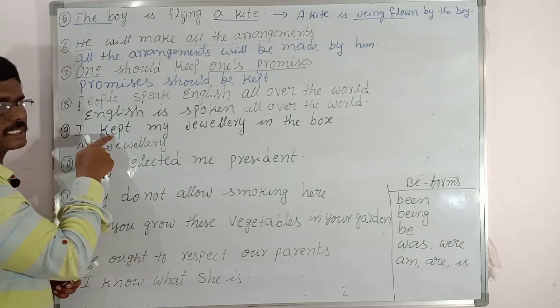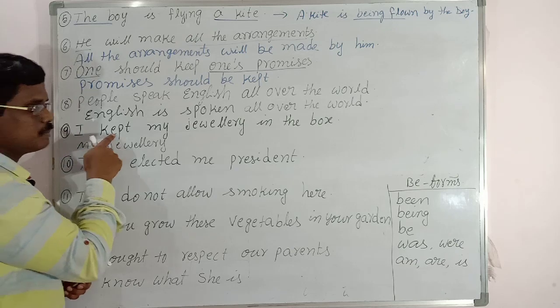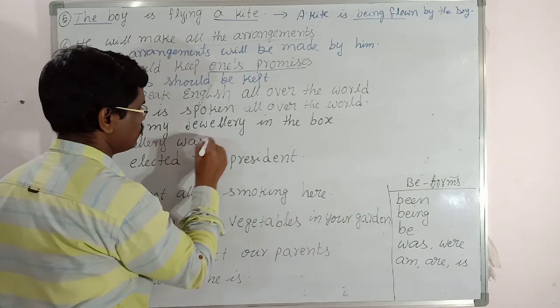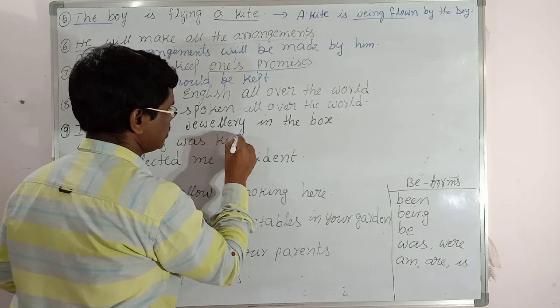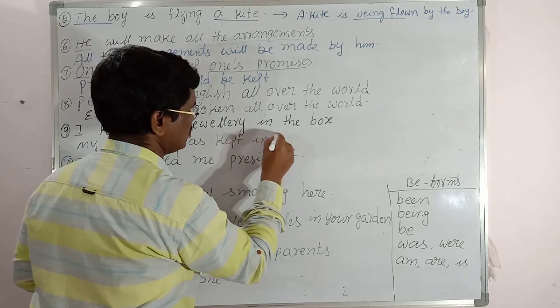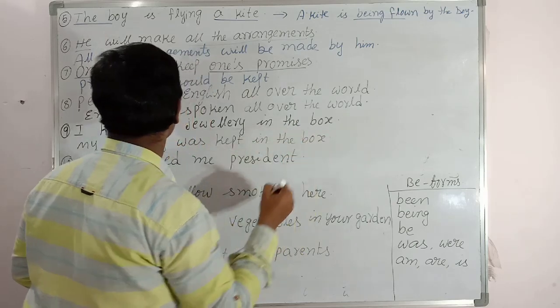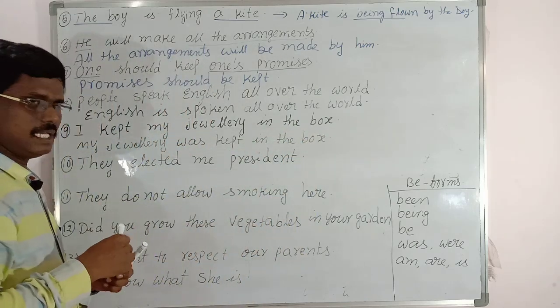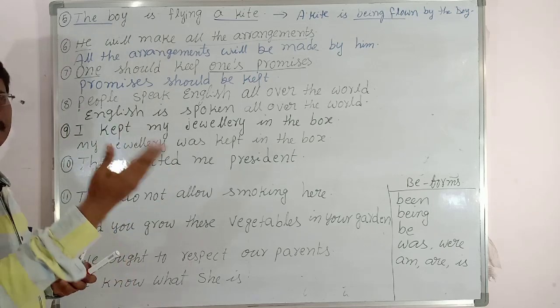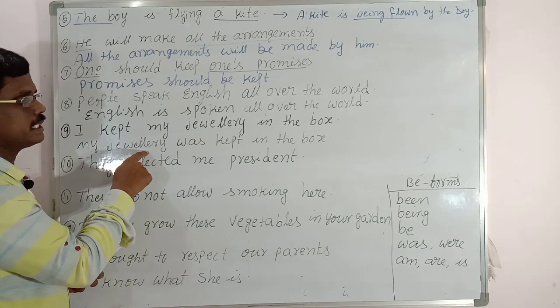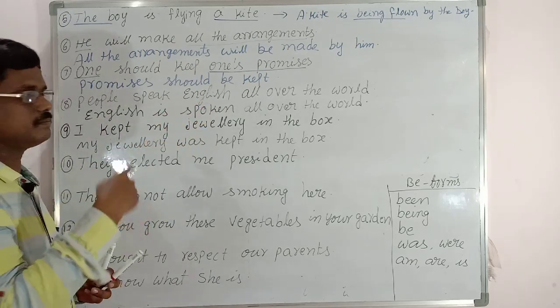Here keep, kept, verb 2. Verb 2 means was or were. So my jewelry was kept in the box. Already I means by me. Here we can understand my jewelry, so you need not write by me again.